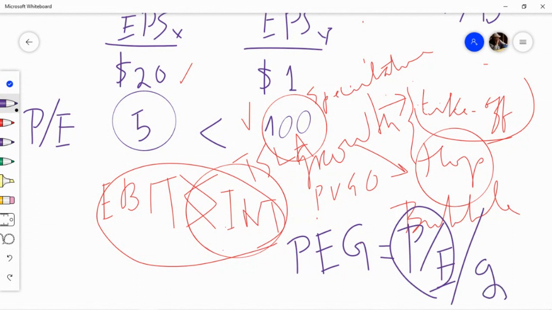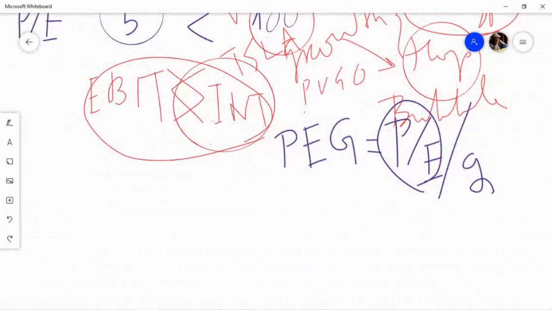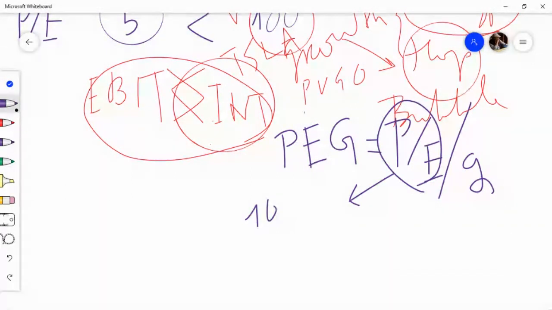It's quite a common sense concept if you think about it. Let's say the price earnings ratio is 100.